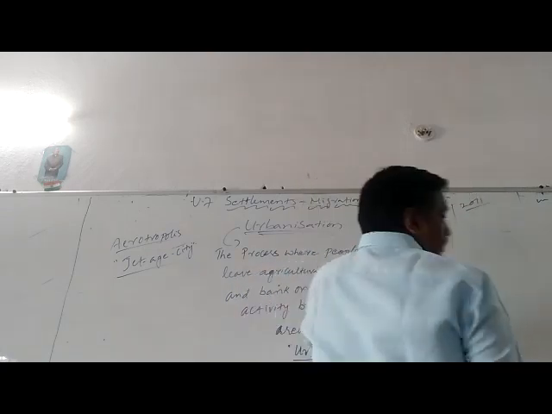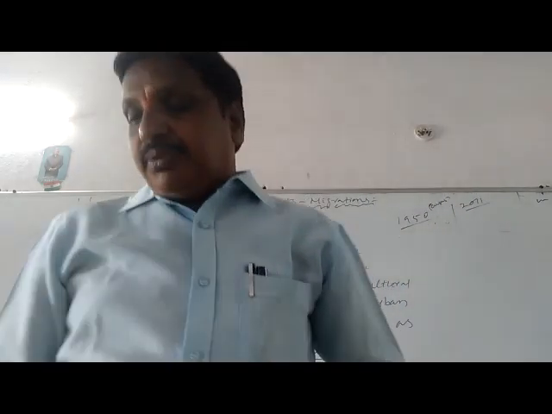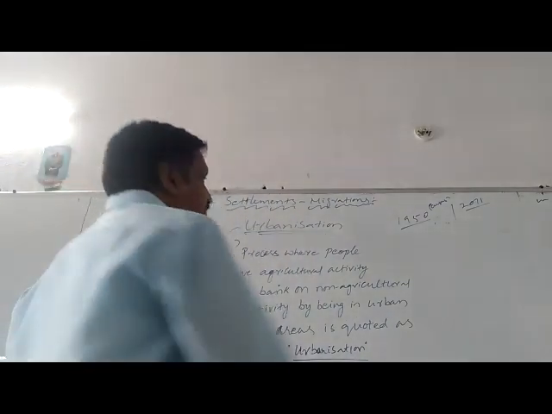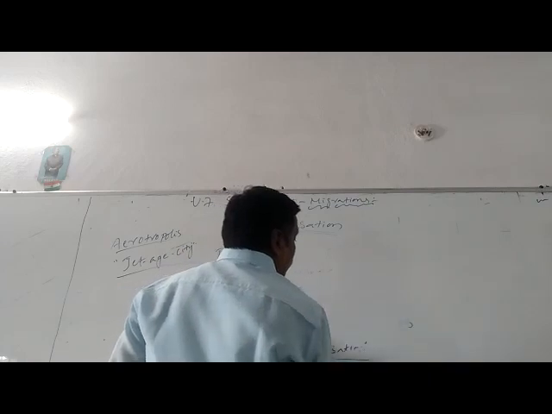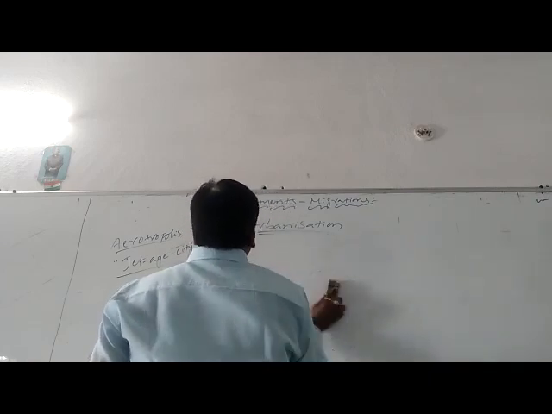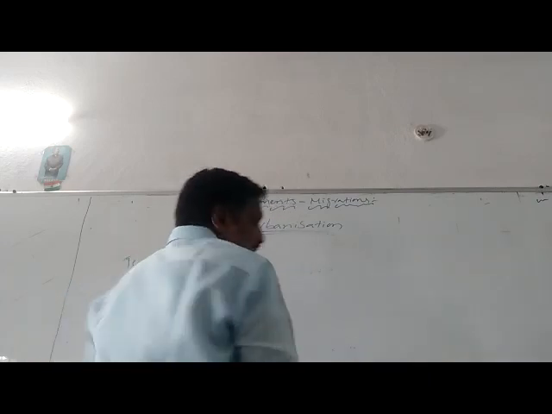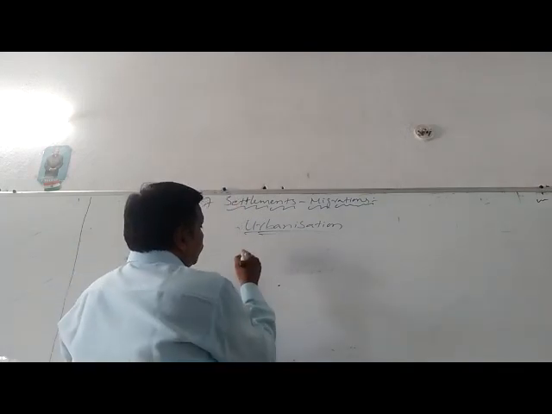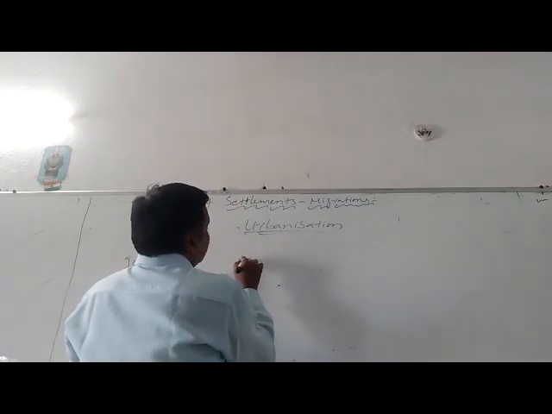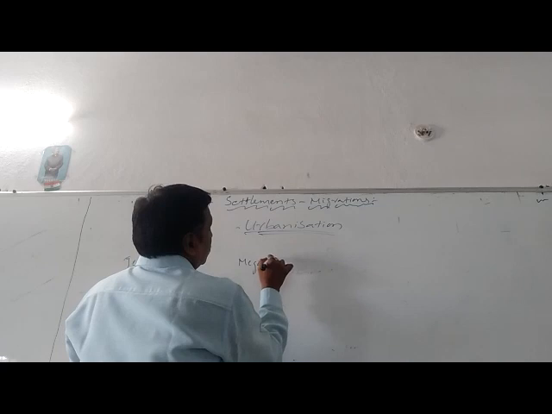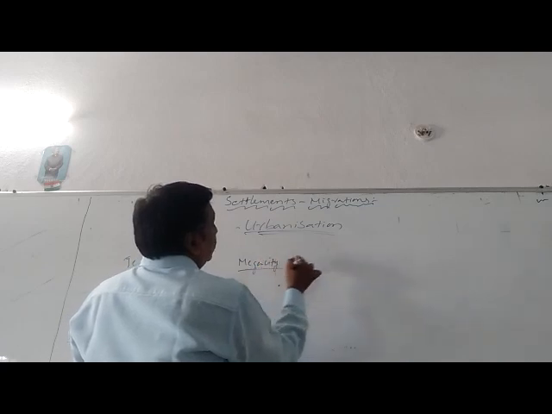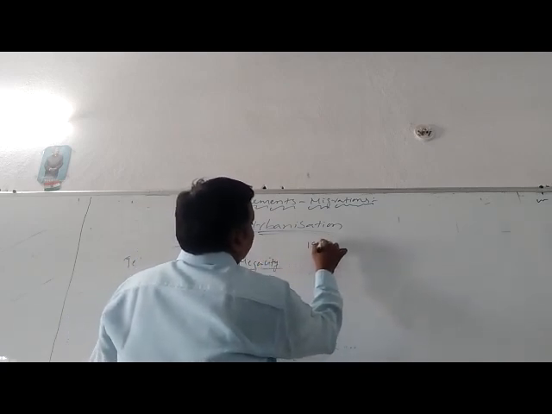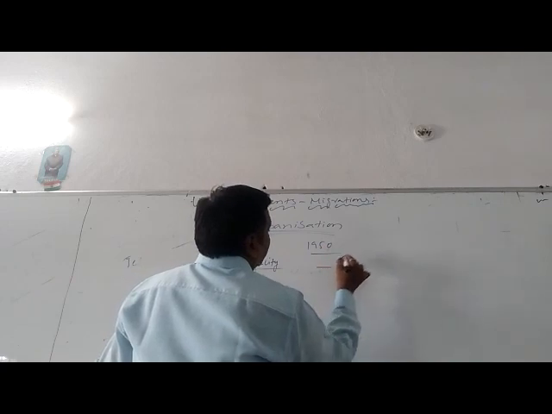I'll write it in tabular form. You see, mega cities. Mega cities in 1950, zero, nothing is there.